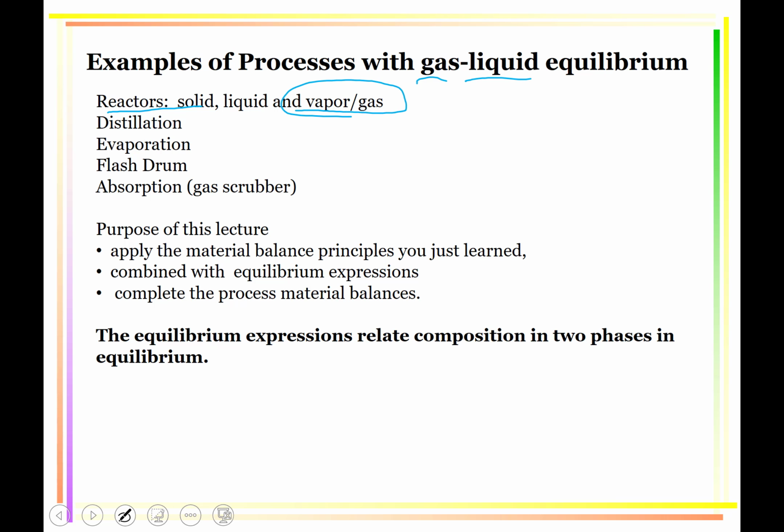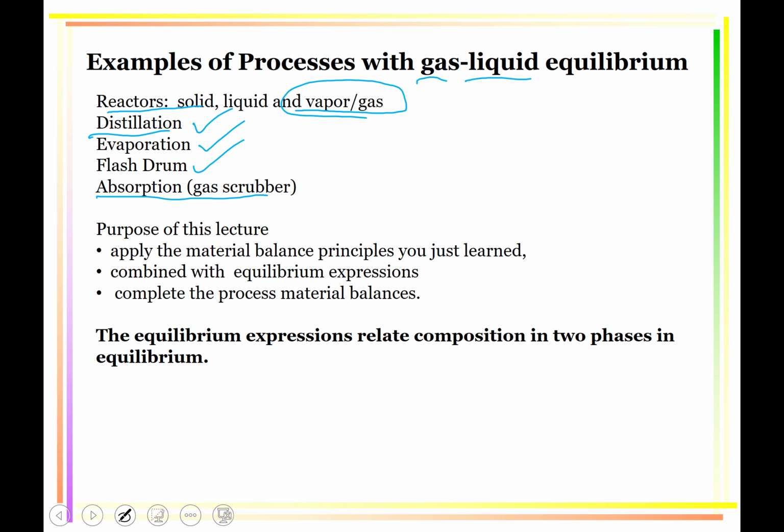There's gas and vapor reactors. This is an important separation concept, and we also do evaporation. A flash drum is really just a single stage of a distillation. And absorption is gas scrubbing. So that's another gas-liquid process.